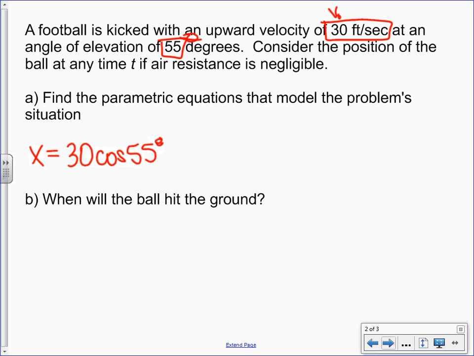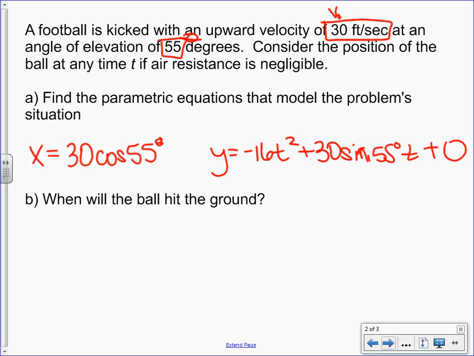And y is going to be negative 16t squared plus 30 sine of 55 degrees times t.